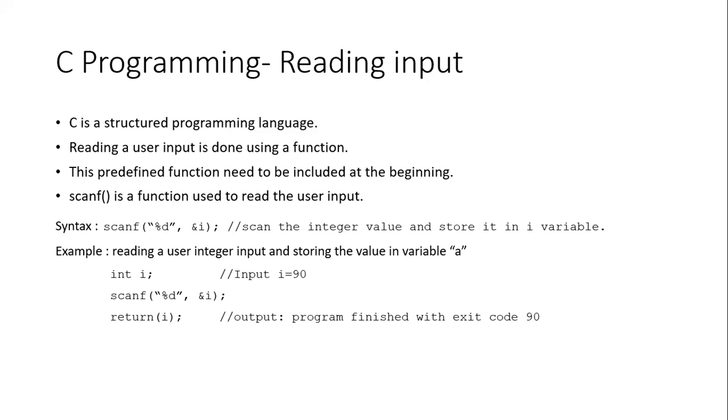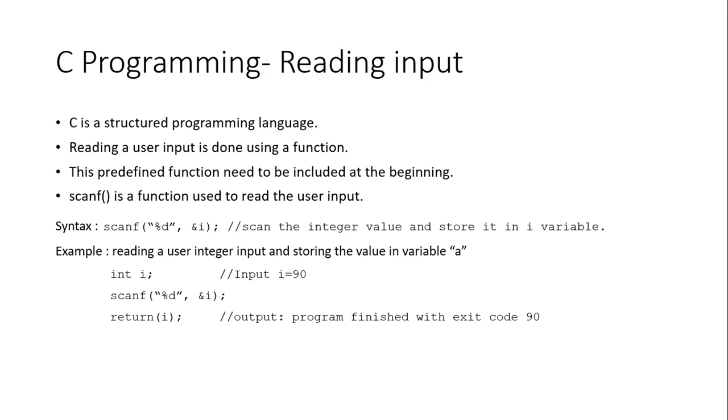If you want to store data inside a variable, the variable should be declared in advance. After declaring a variable, you have to specify in which variable you want to store the data.